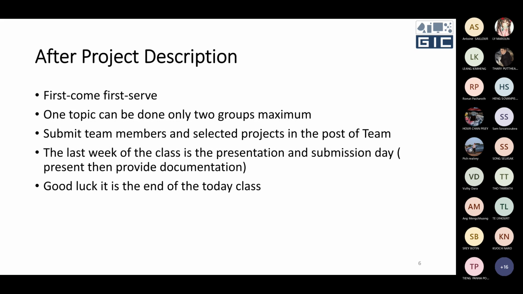For the submission, you do not need to submit in Assignments. You just prepare the document and post it in the group team, Microsoft Team, saying: teacher, this is my group's task division, members, and the responsibility of each member.